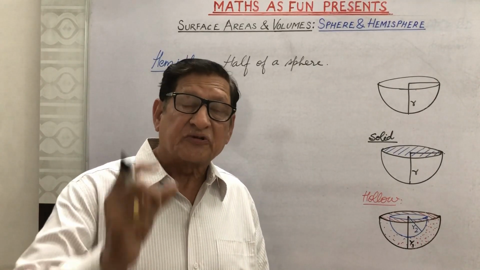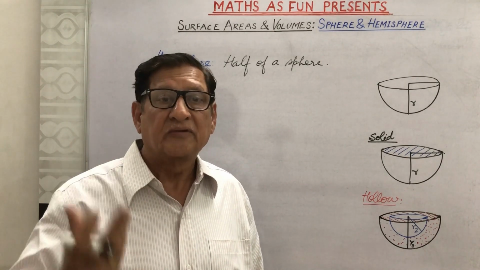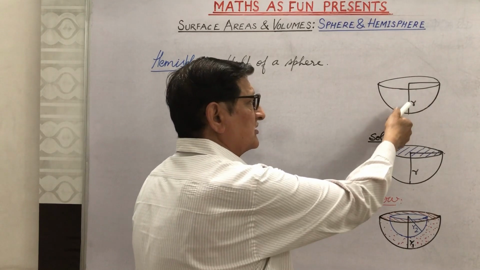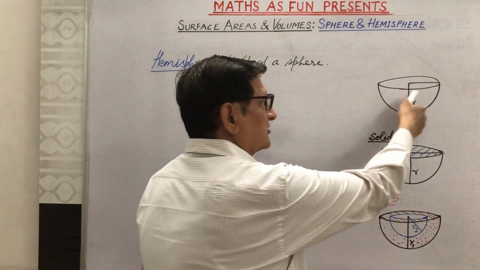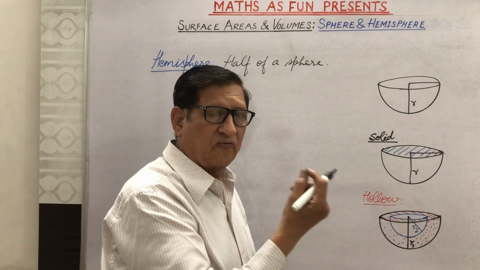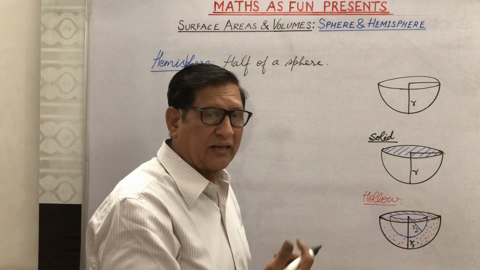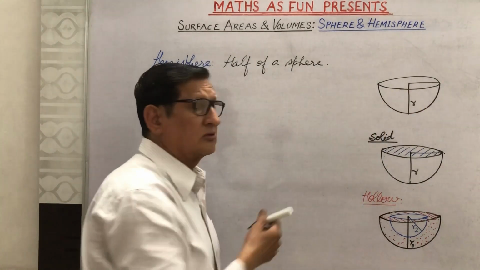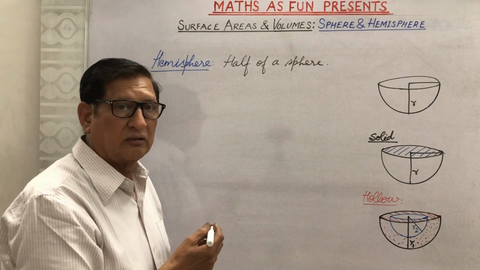Hemisphere. Hemisphere is actually half of the sphere. See, like this, this is one. If the radius is r, this is the top of it. Suppose it is made of a sheet of very small thickness or negligible thickness. Then suppose we want to find out its outer curved surface area only.